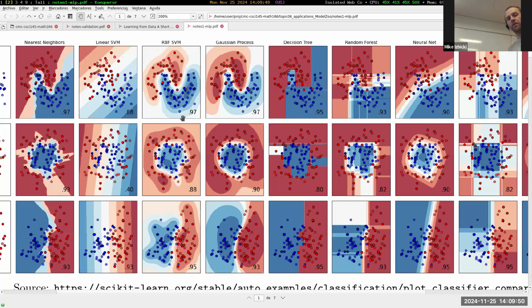Places that are far away from the data don't have strong decisions associated with them. And in the regions where there are strong decisions, there's more uncertainty as well about the classification. Nearest neighbors is basically always a hard yes or a hard no, hard red decision, hard blue decision. The radial basis function over here has a lot more flexibility or a lot more uncertainty sort of built into its representation.